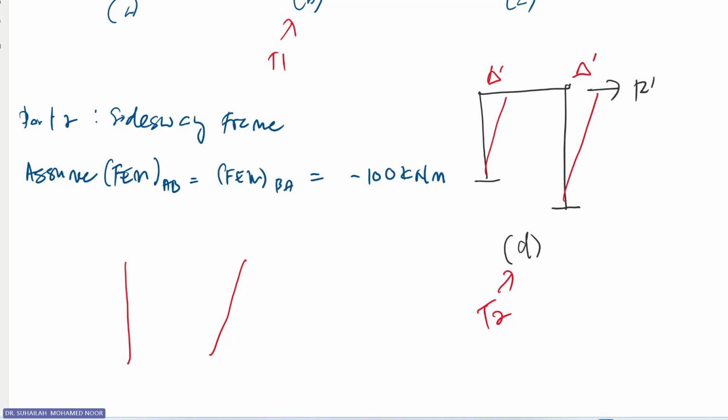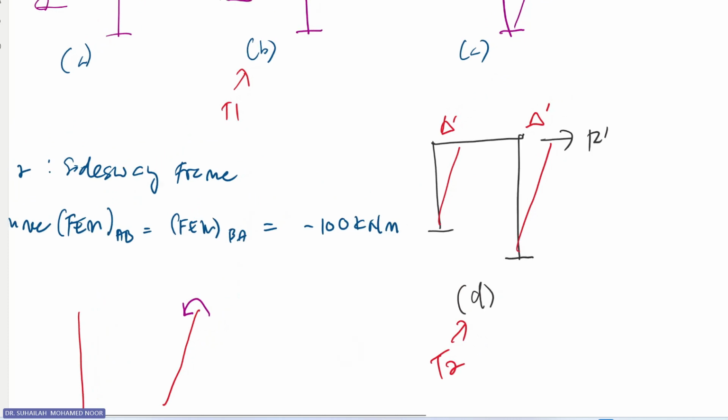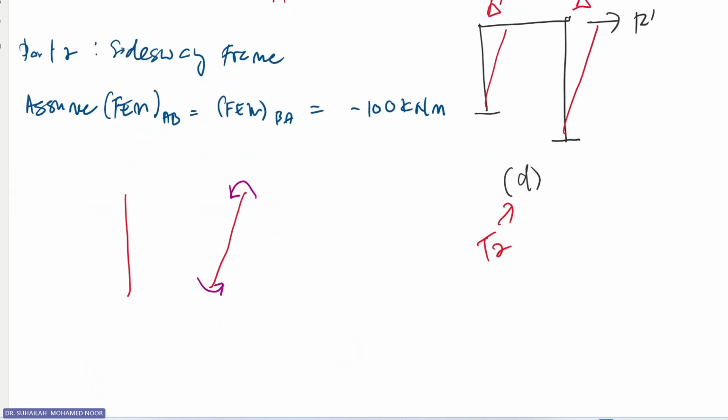After side sway, it is inclined. The behavior gives us the moment. The moment, the FEM, is actually the reaction to counter back, that is, when we apply moment, to push the column back to its original position.